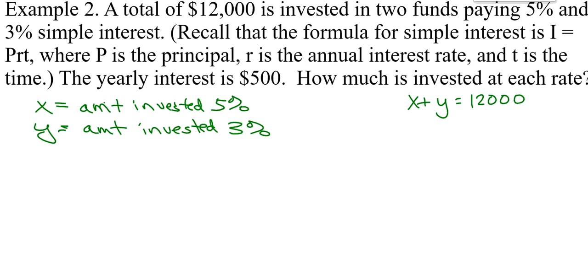Now I want to talk about interest. It says the yearly interest is $500. So interest equals principal times rate times time. Do you agree right now they're telling us our time is 1 year, correct?